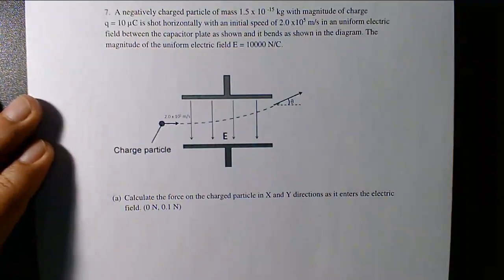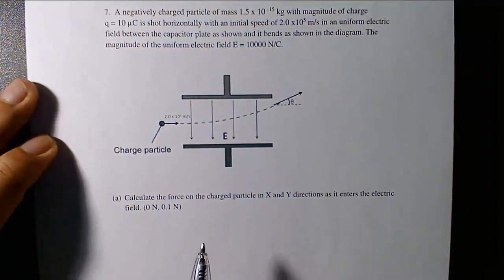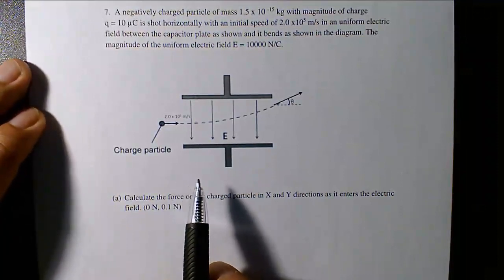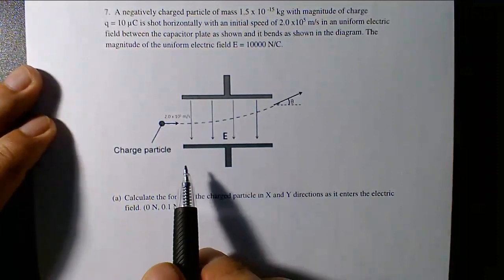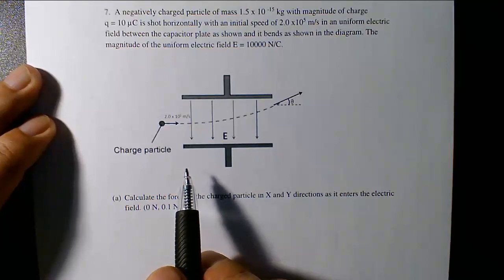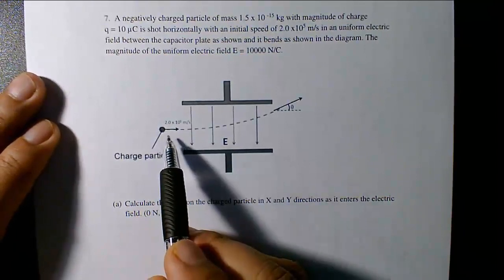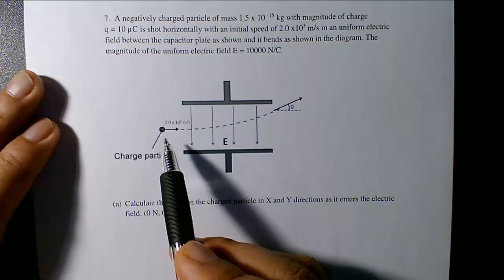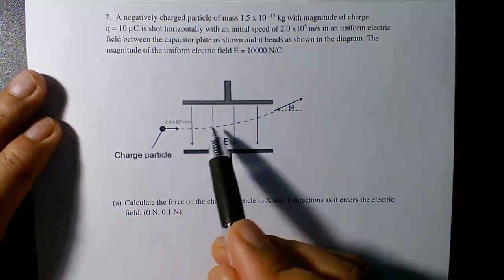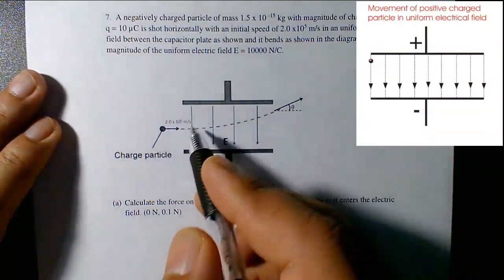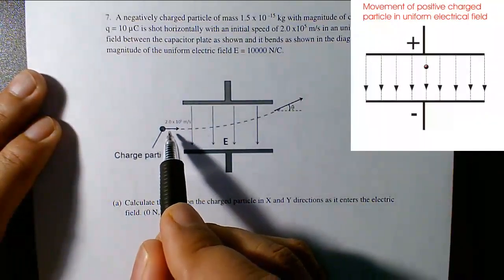Here's the next question, and this is the dynamics of a charged particle in an electric field. It shows how a charged particle behaves in an electric field. Here's the problem: a negatively charged particle is shot in between the capacitor plates.